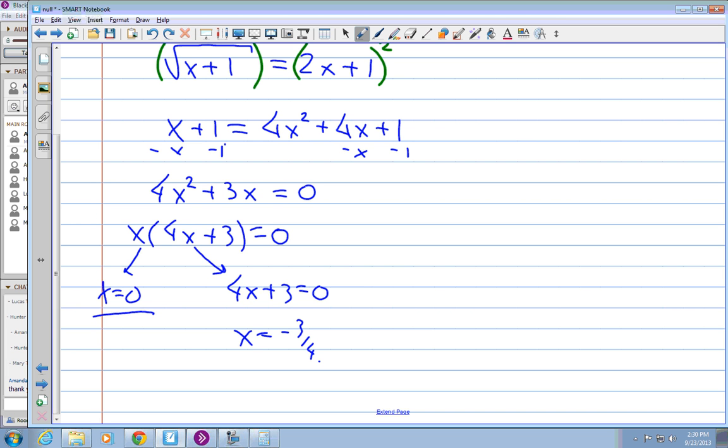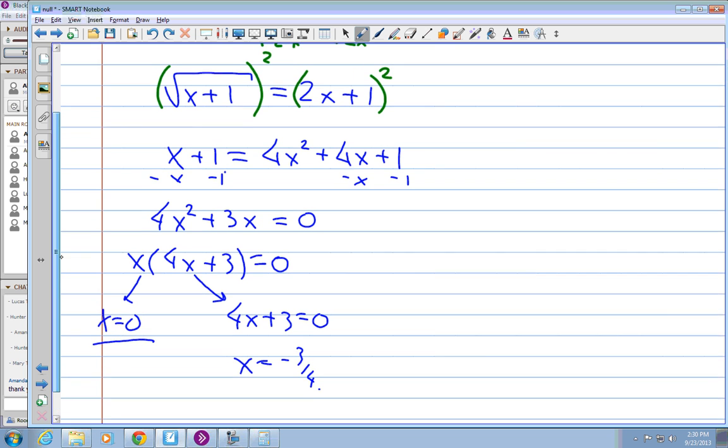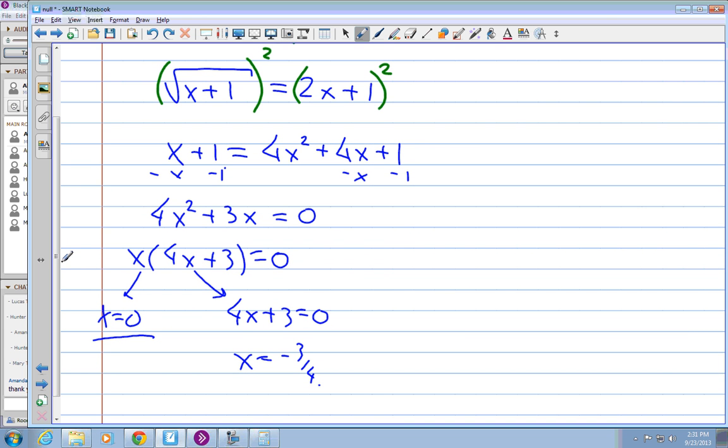You subtract 3, you divide by 4, okay? So we got two potential solutions. We haven't made any algebraic errors yet, but I still have to check them. And I don't know whether both of them might work. I don't know. So I'm going to check.